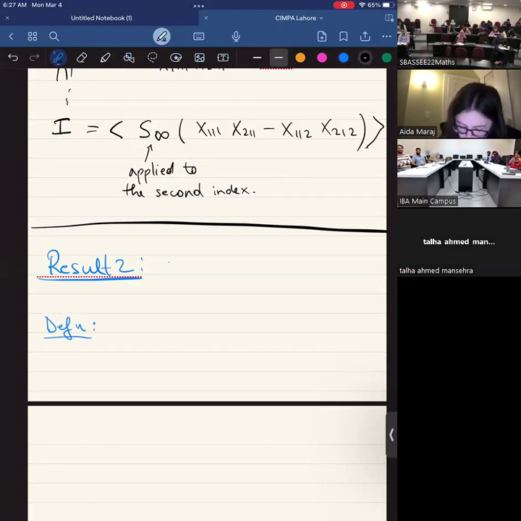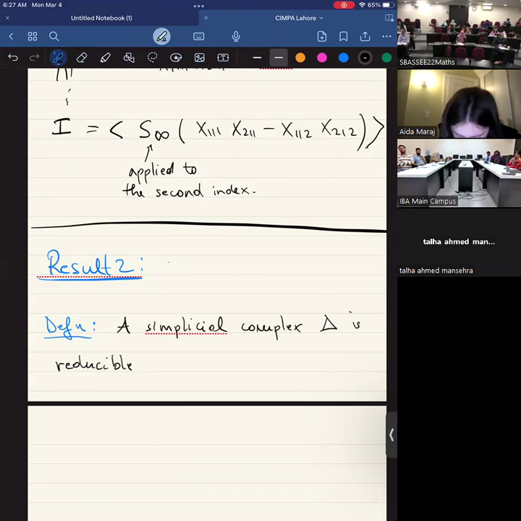Okay, so a simplicial complex delta, we call it reducible if either delta is a simplex.